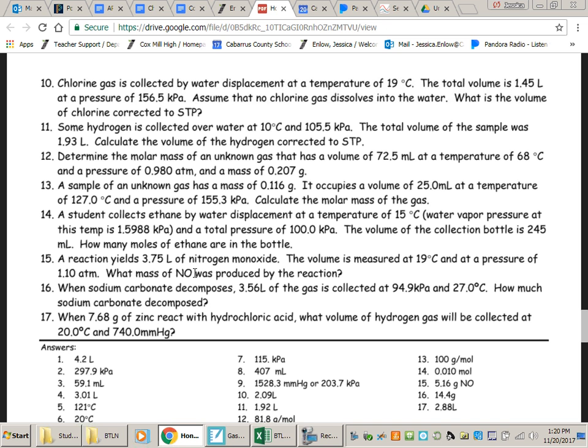Combined. Right? 20 grams. One key is 156.5.